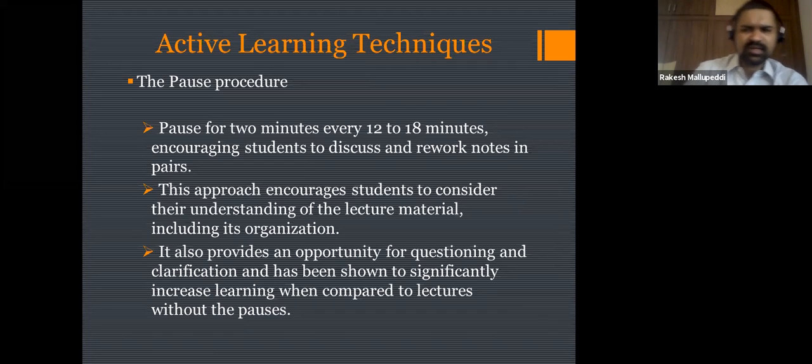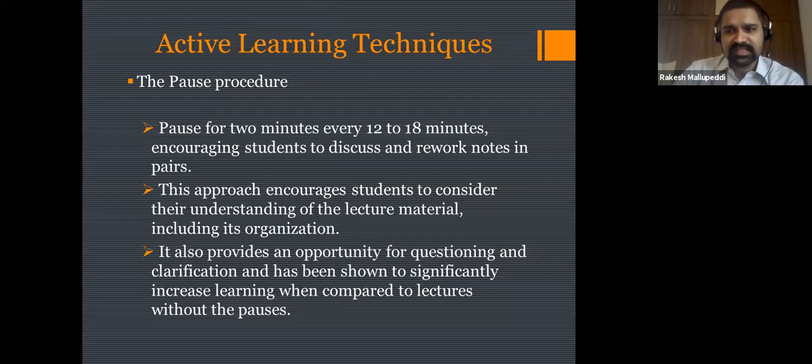And most importantly, when you have a class for 30-40 minutes, after the first 10-15 minutes, sometimes your mind is not taking in. So these few minutes help to ease up their mind. It gives a freshness to the mind.